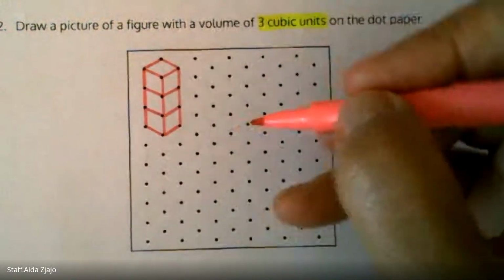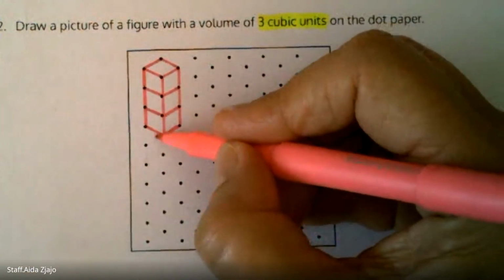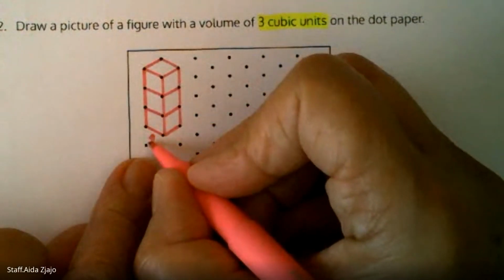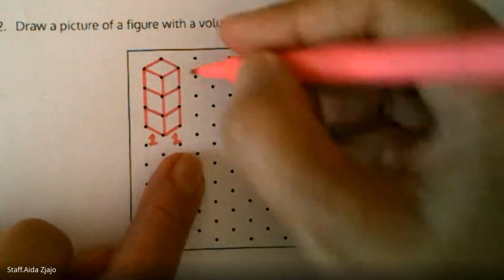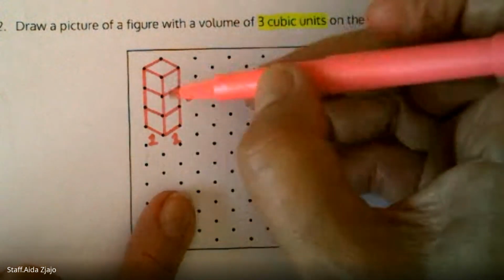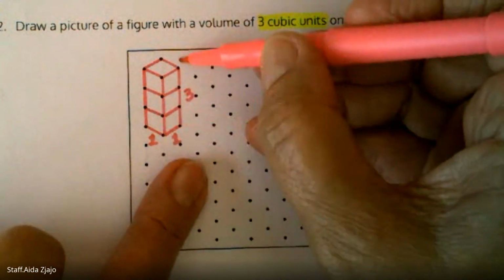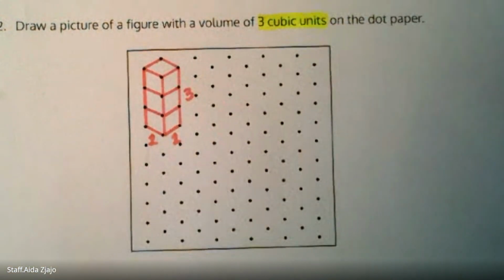So when you look at this, we can see that the long side is 1. The short side is 1, so the width is 1, and then the height is 3. So this is length, width, and height, and I have 3 cubic units.